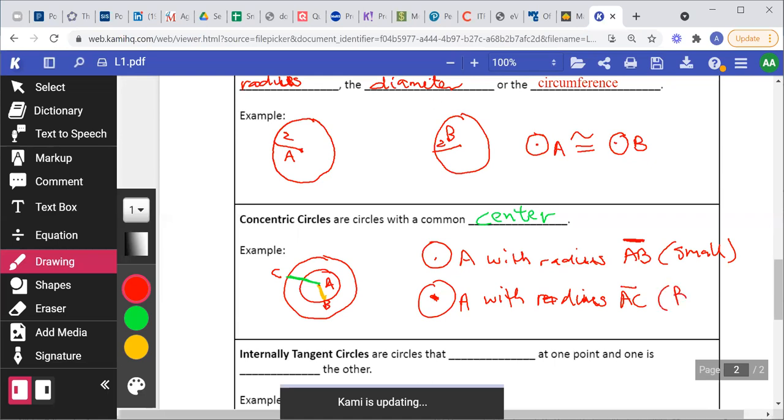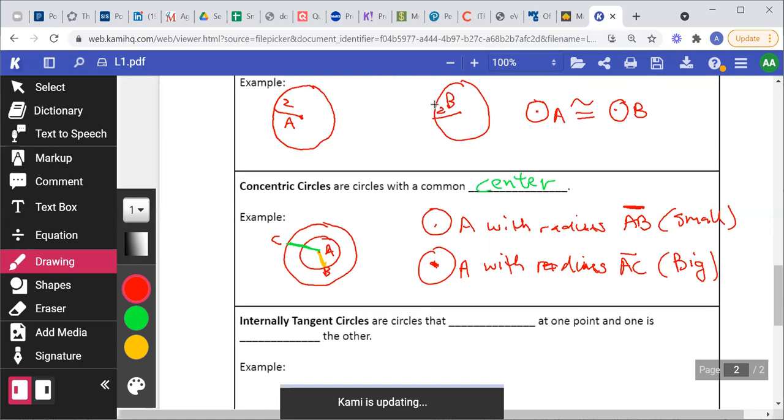And that will be the big circle. Both are circle A's, but they are distinguished by their radii. The radius of the small one is AB, and the radius of the big one is AC.